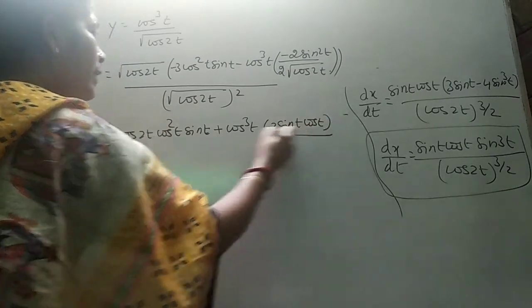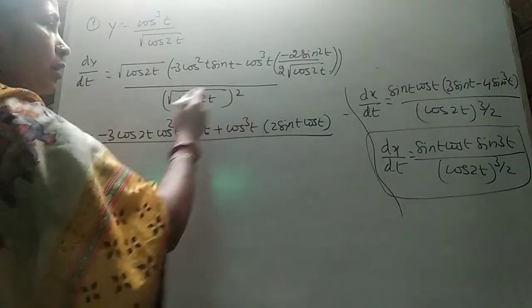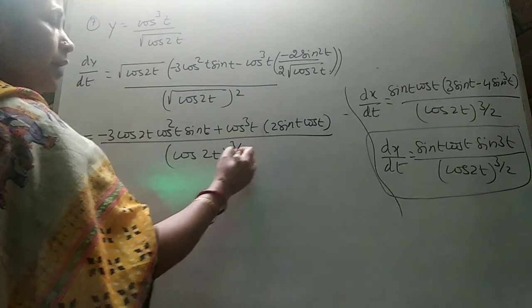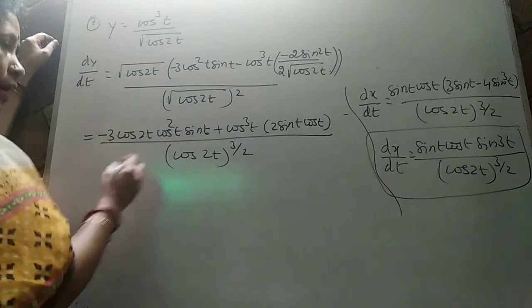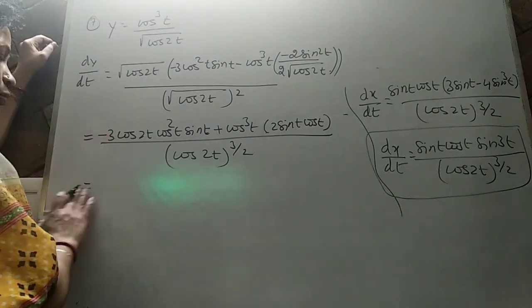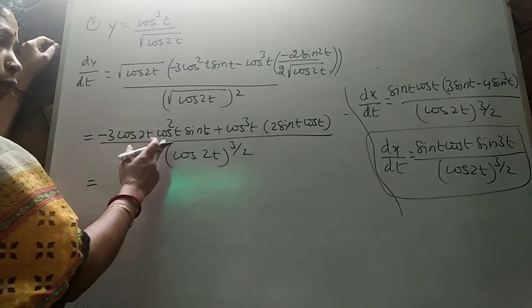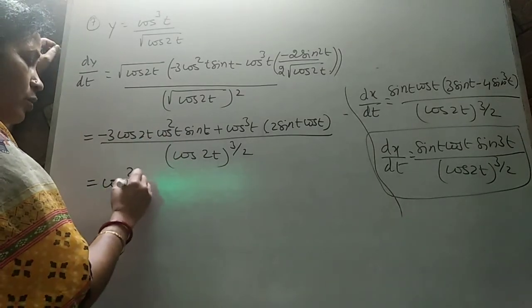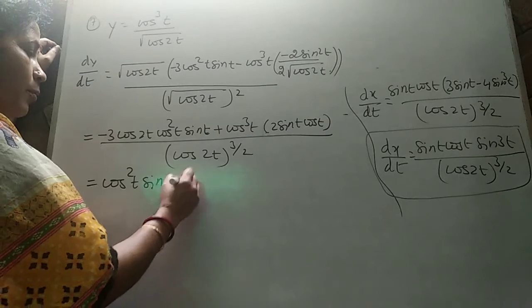The whole upon, if I take the term to the denominator, automatically cos 2t whole power 3 by 2. Already I explained how we are getting 3 by 2. Now see, whatever the common term, take it out. So here cos square t into sin t is common.